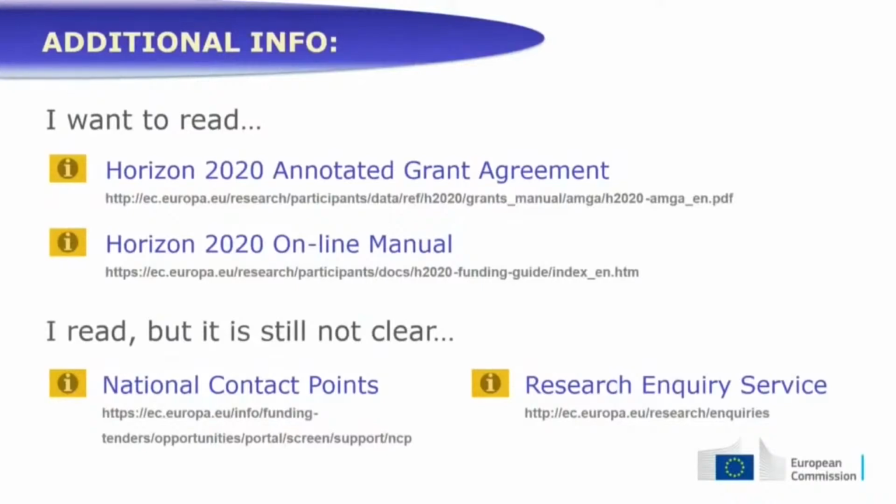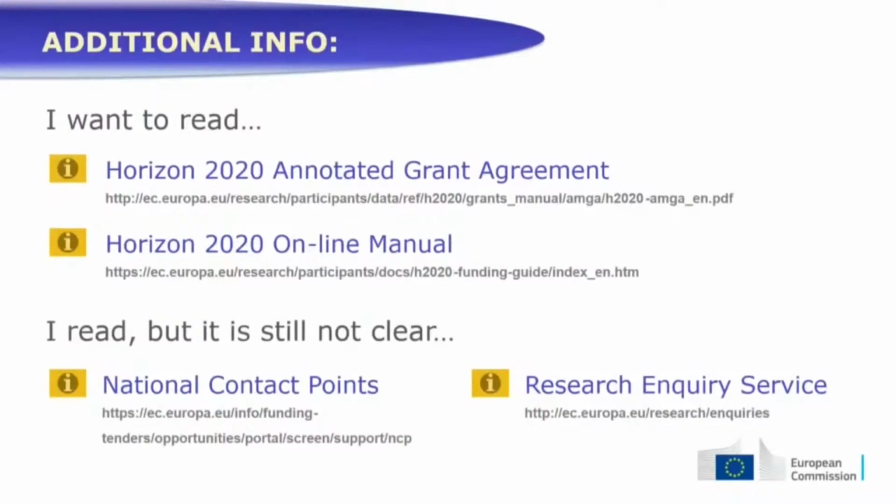Whenever we have questions, we use exactly this information to reply to your questions. So same document for you, same document for us. It's full of examples, detailed explanations, and it also contains the articles, so the parts of the grant agreement to which the explanations refer. It is available through the portal, and you have a direct link here in the slide.